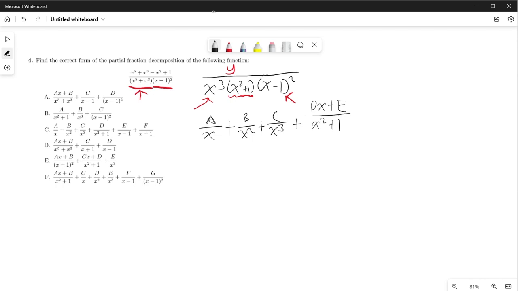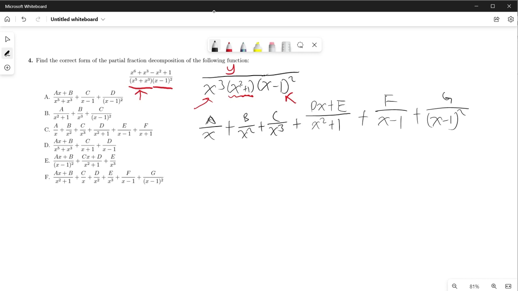Since there's an x squared on the bottom, we want to have one lower power for this non-factorable term here. And then, of course, we have the last repeated linear term, EF, plus the linear term repeated again.